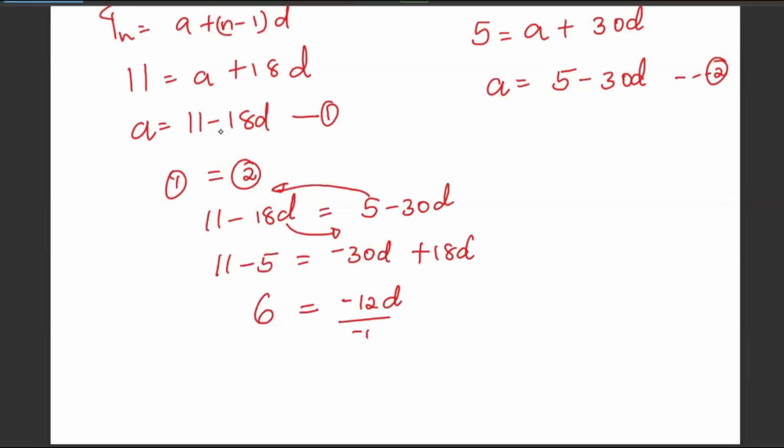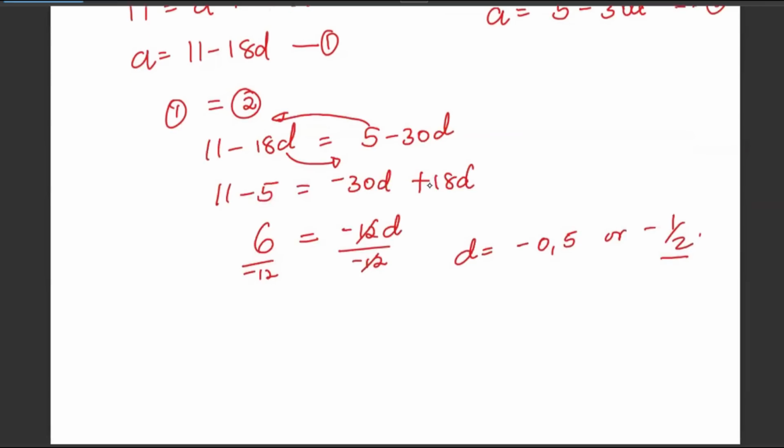Let's divide through by negative 12, meaning that our d is negative 0.5, or somebody can write it as negative a half. But then we need to get the value of a as well. So our a is going to be 11 minus 18 times negative a half. So meaning that our a must be 20.